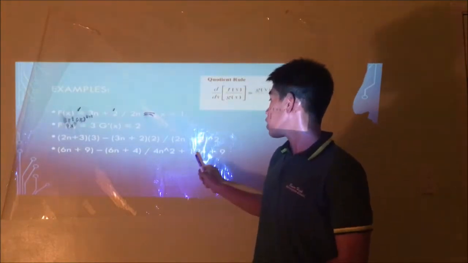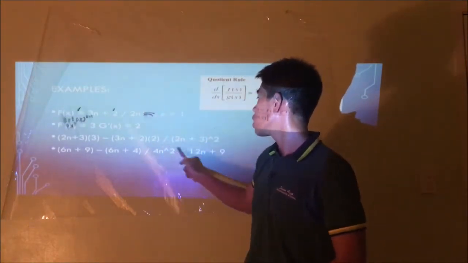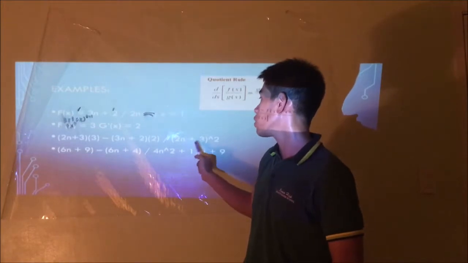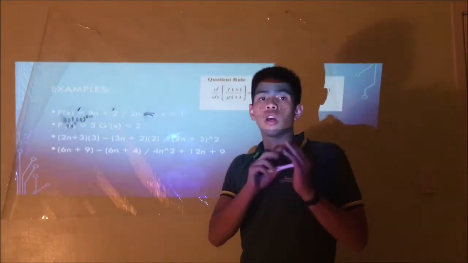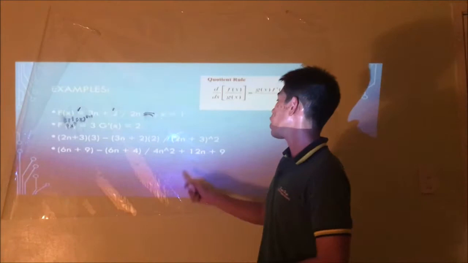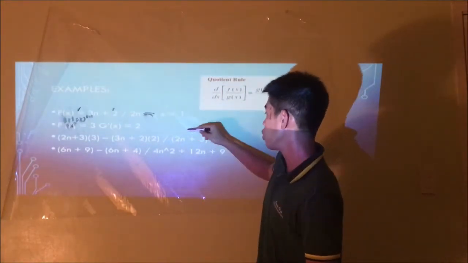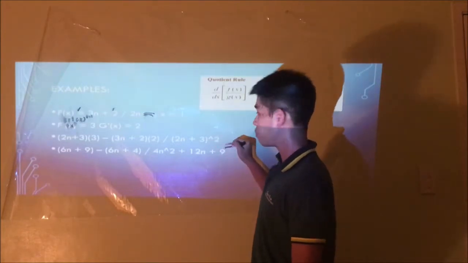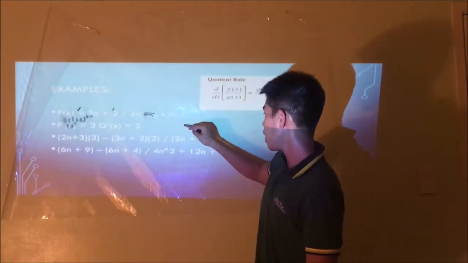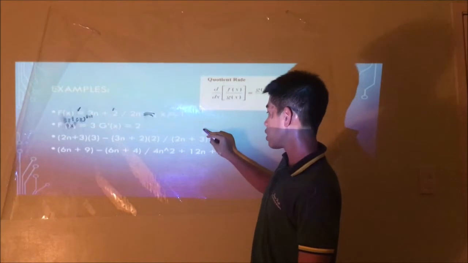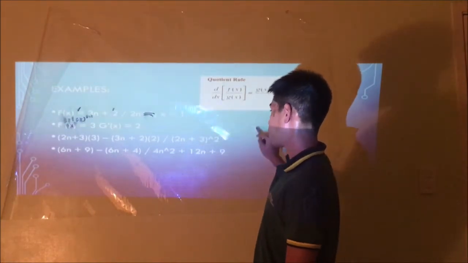There are two ways to get the answer of 2n plus 3 squared. One way is by foiling, by writing 2n plus 3 and another 2n plus 3, then foil: first, outside, inside, last.